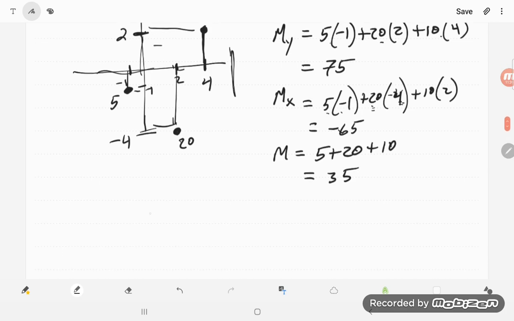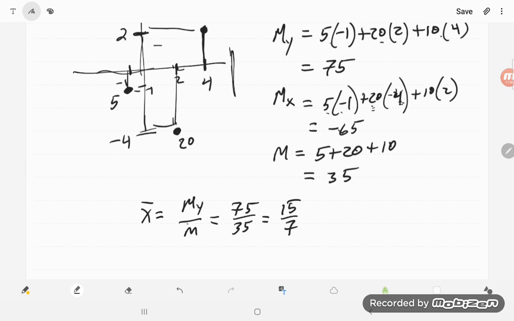So then x bar is m sub y over m. So that's 75 over 35. What the heck is that? That's 15 over 7. Definitely a positive number.